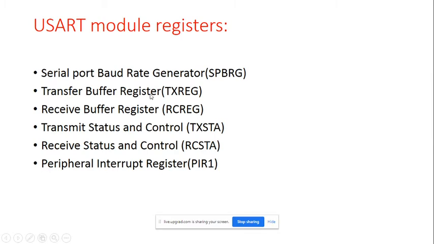When you place data into the TX register, you are transmitting through the TX pin, the transmit pin. When bits go out one by one, suppose all 8 bits have gone out from this transfer buffer register, meaning it has become empty, only then place the new data which you want to transmit. Suppose you initially send one piece of data having 8 bits, placed in the TX register.